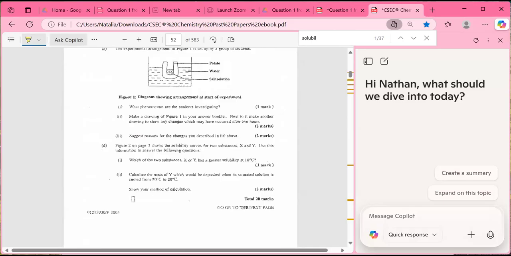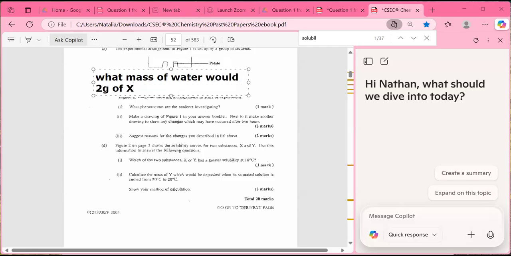So I'm going to retype a question and answer that. If you're taking notes, we're going to answer: what mass of water would 2 grams of X be dissolved in at 60 degrees Celsius?